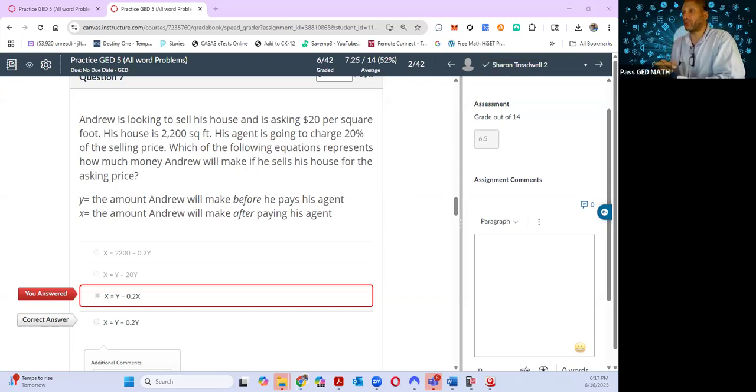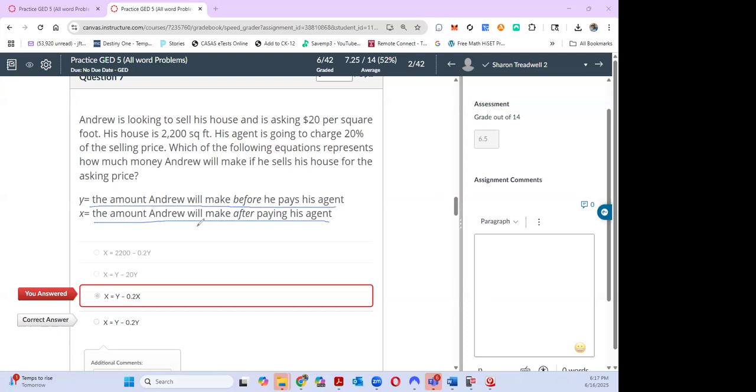His agent is going to charge 20% of the selling price. Which of the following equations represents how much money Andrew will make if he sells his house for the asking price? So they're giving you the variables and what they stand for. X is the amount Andrew will make after paying his agent. Y, the amount Andrew will make before he pays his agent.